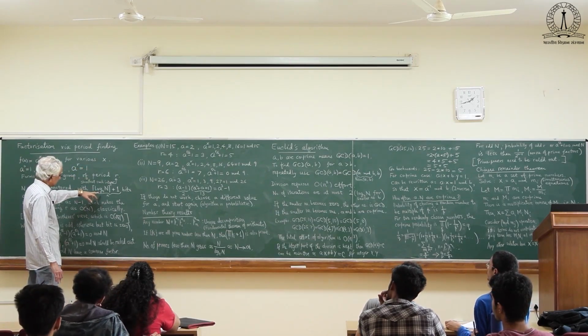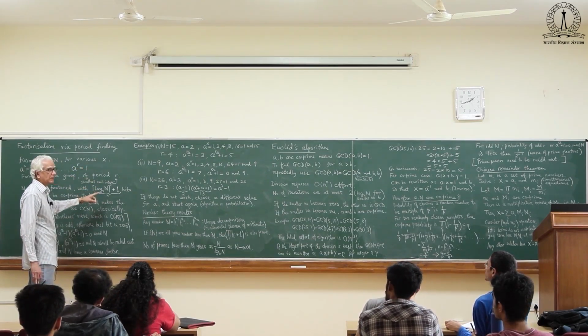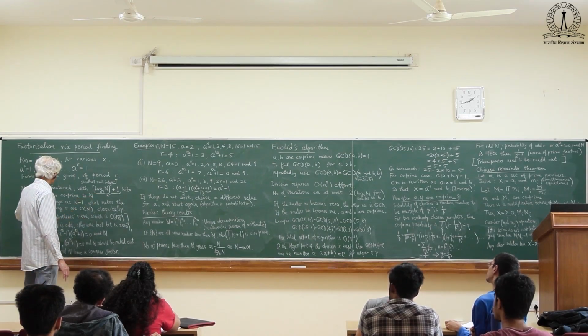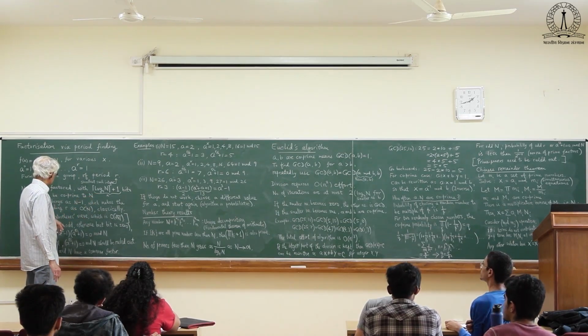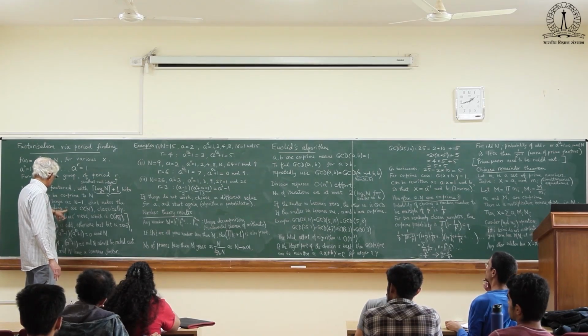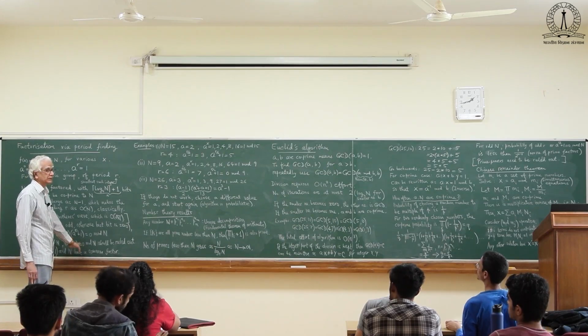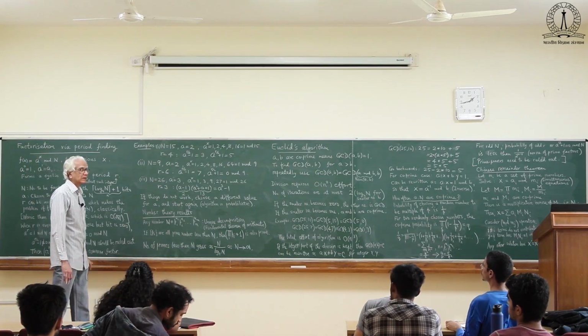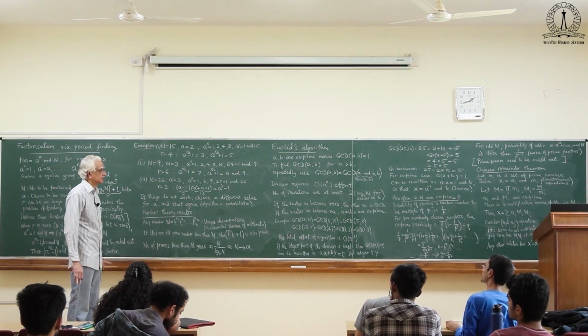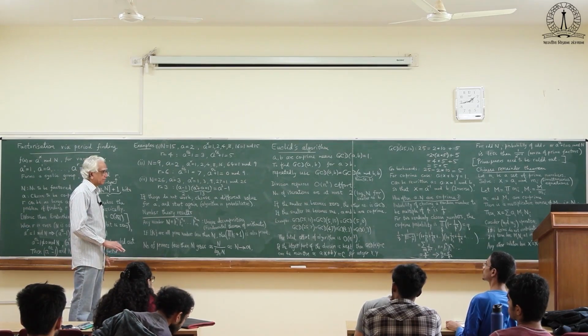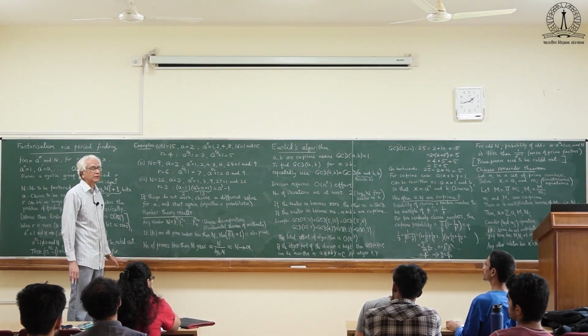The number you are trying to factor should not be a power of a prime, and when you run the algorithm, r has to be even, and a raised to r by 2 plus 1 should not be equal to 0 mod n. So if all those conditions are satisfied, the problem will be solved.